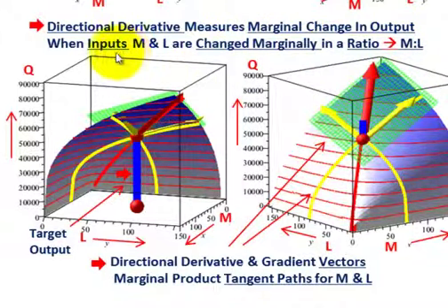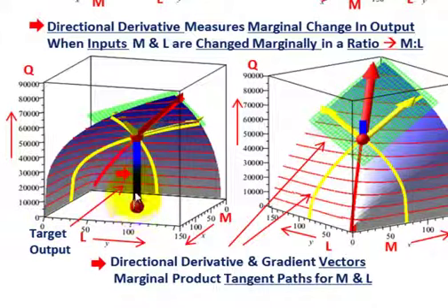So if we go down here and look at it from the underside of that production function, just to get a little bit of an idea. Remember, Q, our profit, is shown on the vertical axis, and then we've got our labor and material inputs shown down here on our horizontal axis. Just to get an understanding, when you're dealing with directional derivatives, you have to have some targeted output.